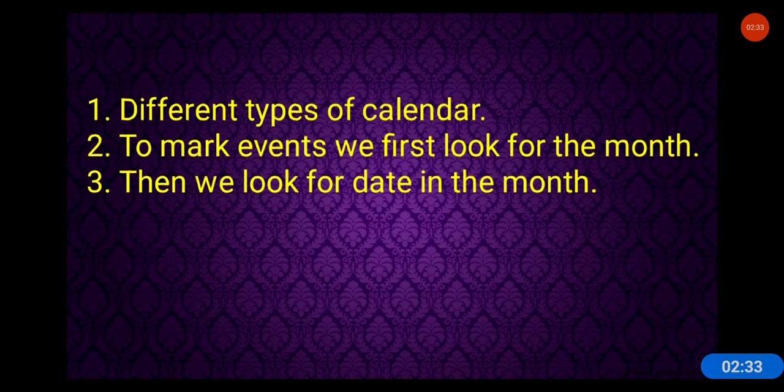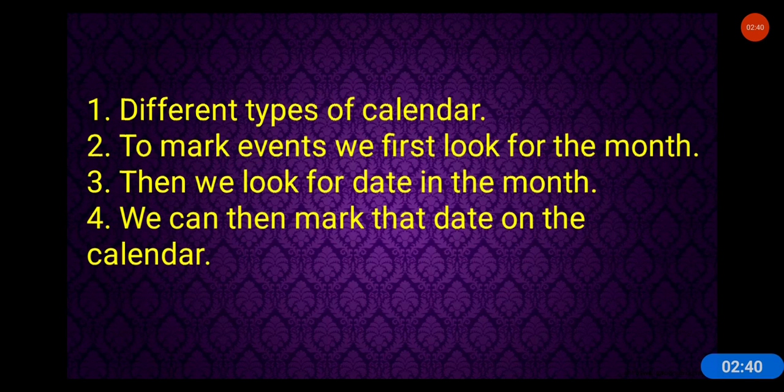When we find the month, then we look for the date, and after that we can mark that date on the calendar. So these are the steps. We have seen the different types of calendar and how to mark the events in the calendar, right?